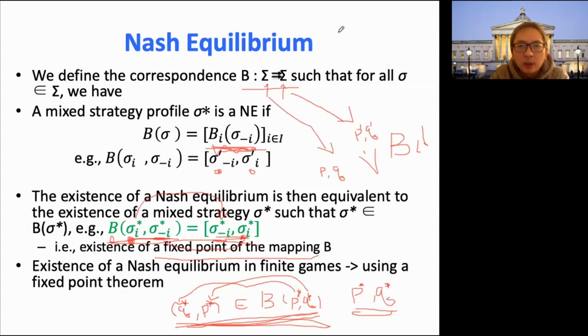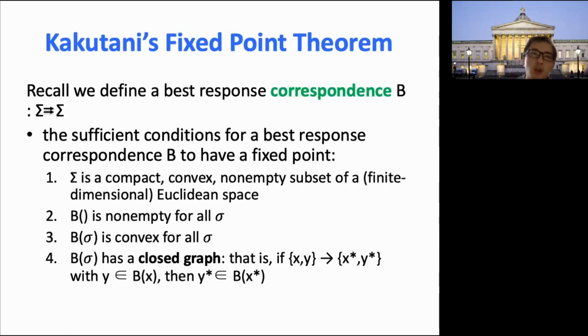Does that make sense? So in Nash's original paper, he makes use of one of the fixed point theorems. This is the Kakutani fixed point theorem, an extension of the original fixed point theorem. The original theorem deals with continuous functions, and Kakutani's theorem deals with set-valued functions, which fits our case.